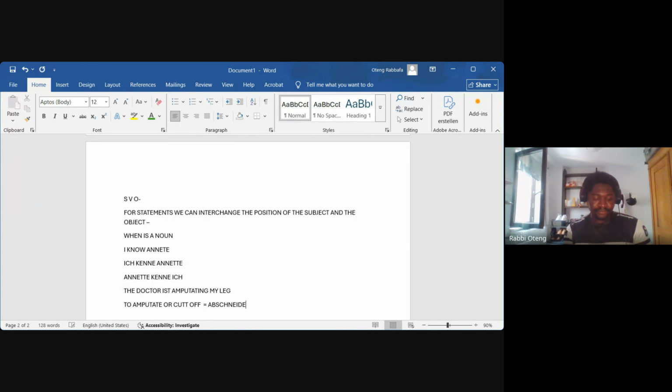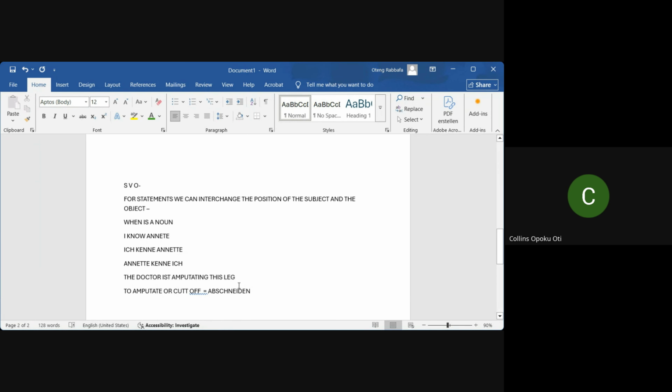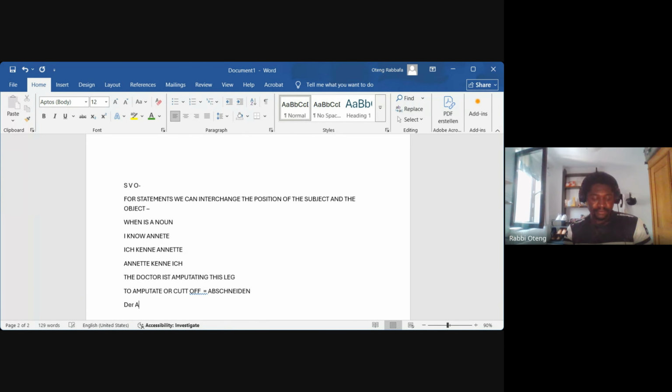Cut is schneiden. So it's "this leg" and not "my leg." The leg. Schneidet.